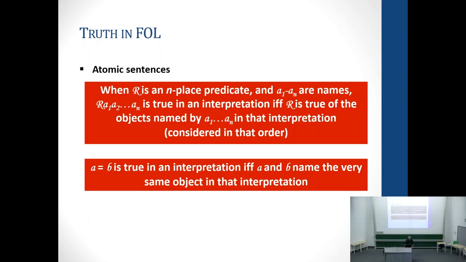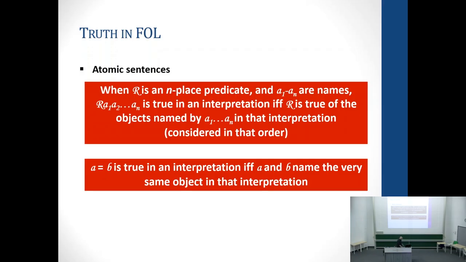For atomic sentences, I'm going to give you the fancy definition. When R is an n-place predicate, and a1 through an are n names, R a1 through an is true in an interpretation if and only if a1 through an are in the extension of R. And I'm writing it this way because this captures not just one-place, but potentially however many-place predicates you want.